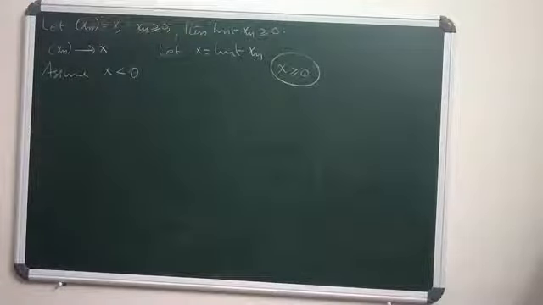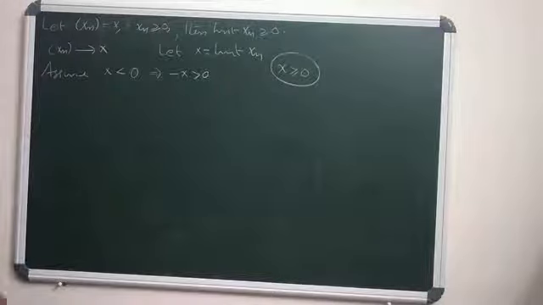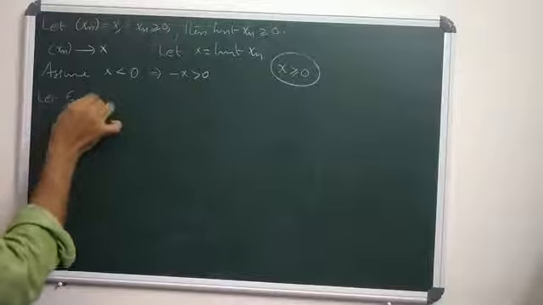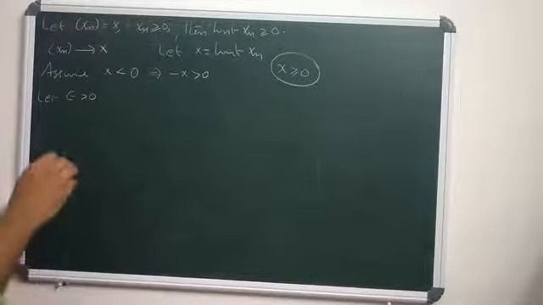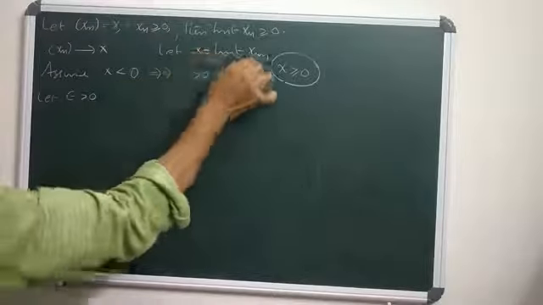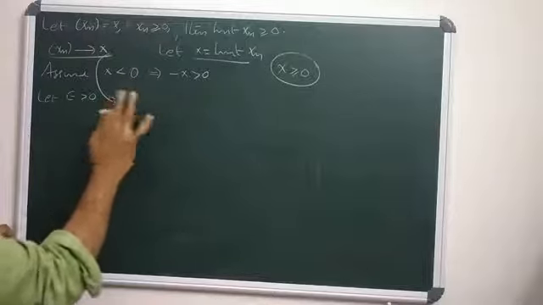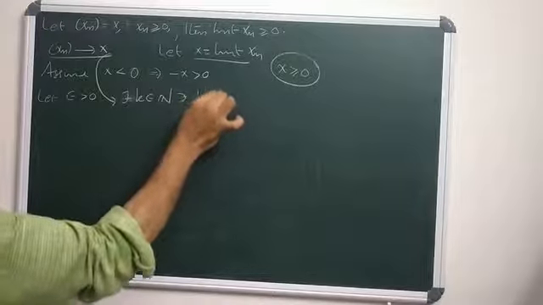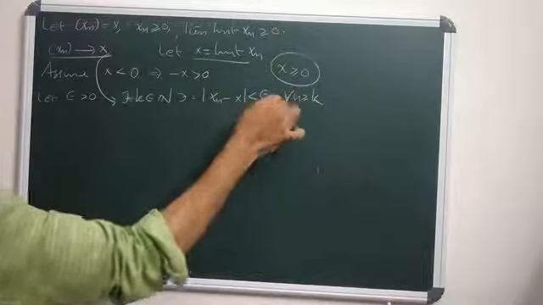But here we assume x is negative, x less than 0. X negative means minus x is positive. Then let epsilon be greater than 0. Since xn converges to x, for every epsilon positive there exists k in the naturals such that modulus of xn minus x is strictly less than epsilon for all n greater than or equal to k.